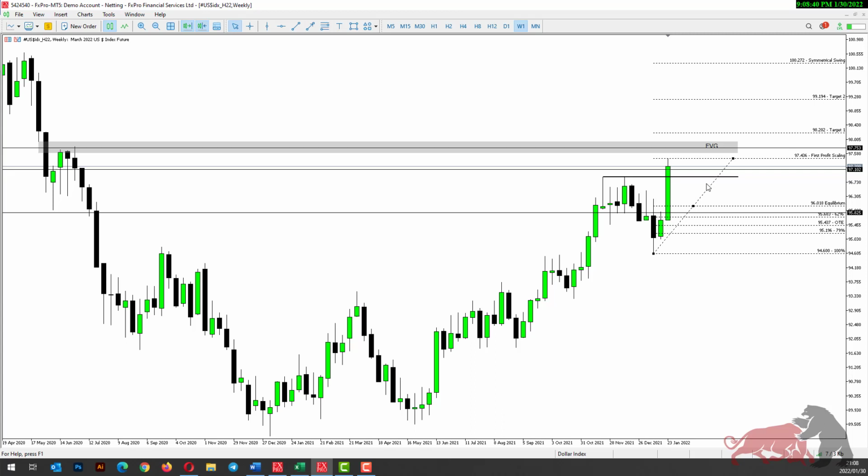Any drops to the downside on dollar index, when they drop to discount, that is now your opportunity to go long on dollar index and shorting pound USD, Euro USD, NZ USD, AUD USD.